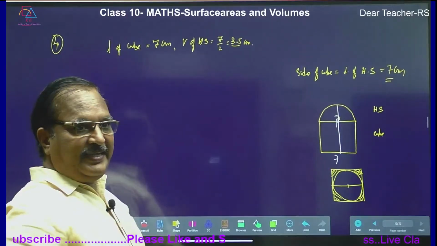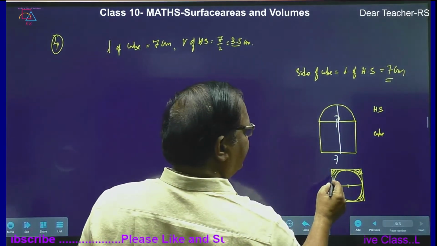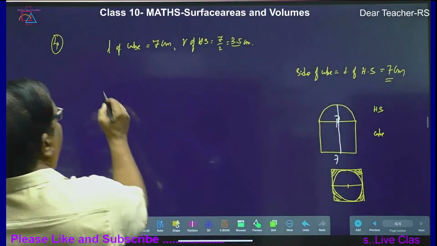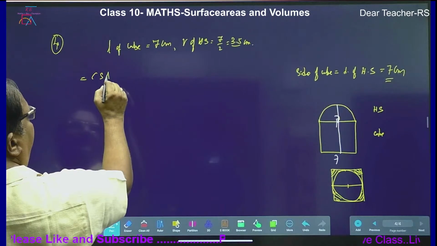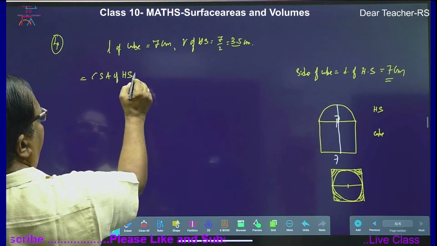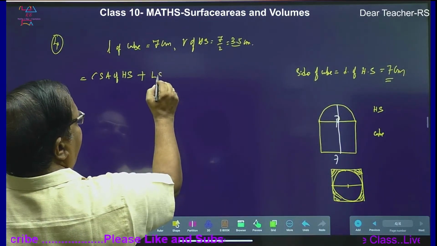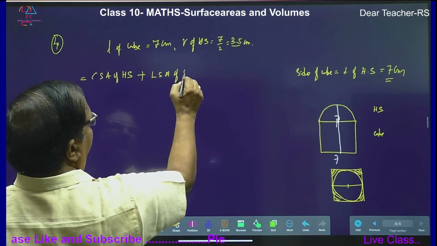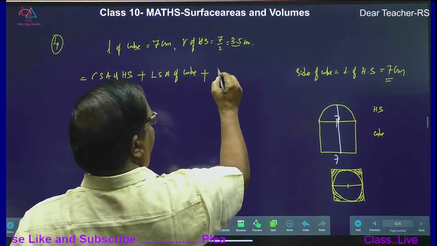So now surface area. Surface area means even this shaded region also will come. That means CSA of hemisphere plus LSA of cube plus this shaded region.